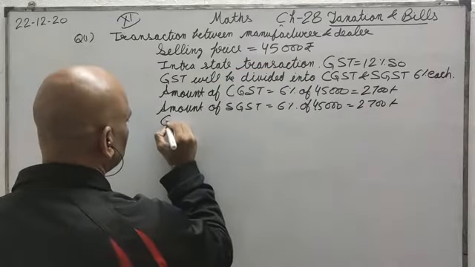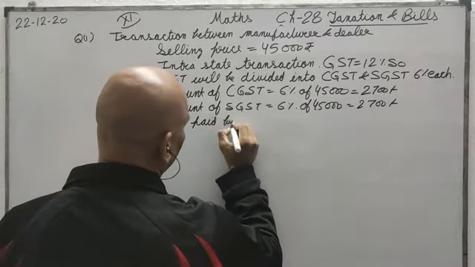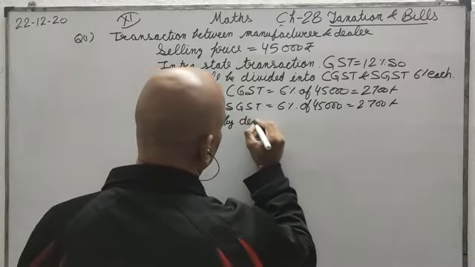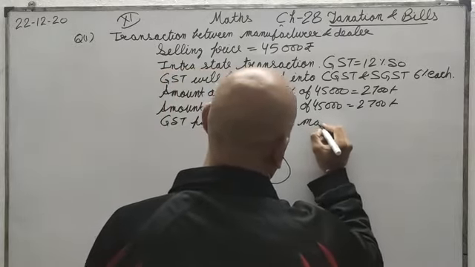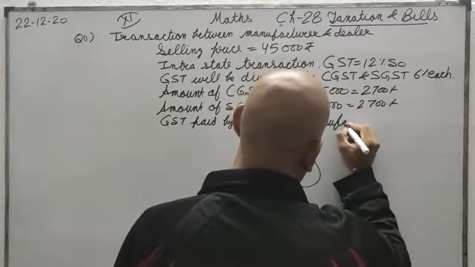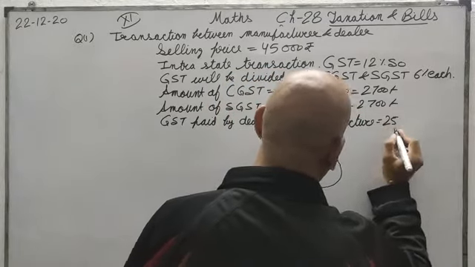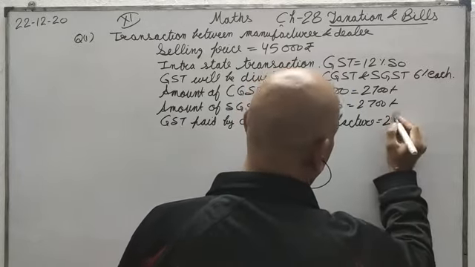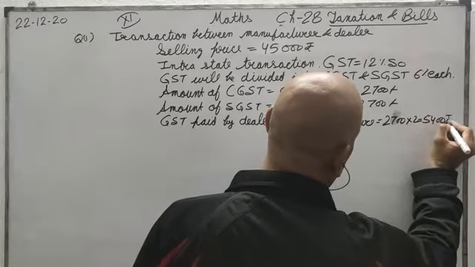So GST paid by the dealer to the manufacturer is equal to 2,700 into 2, that is 5,400.